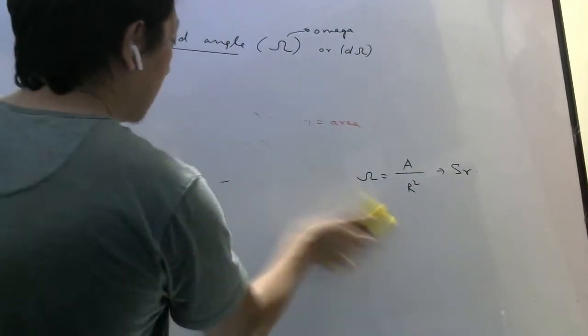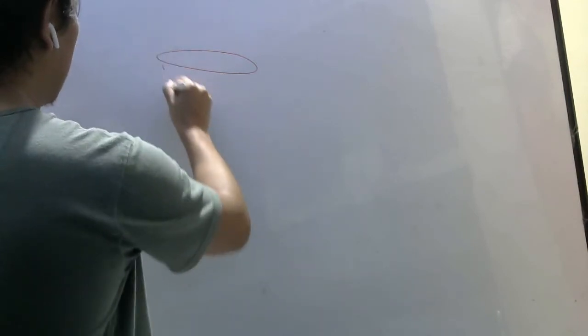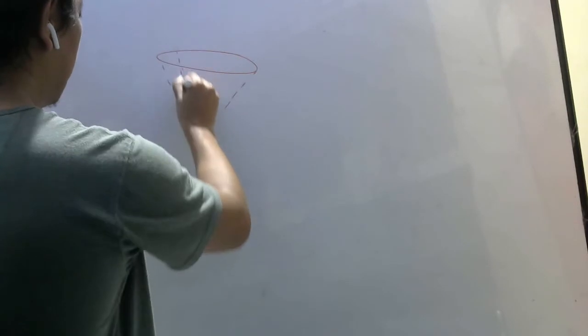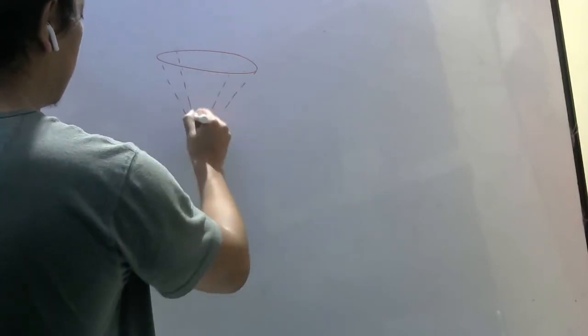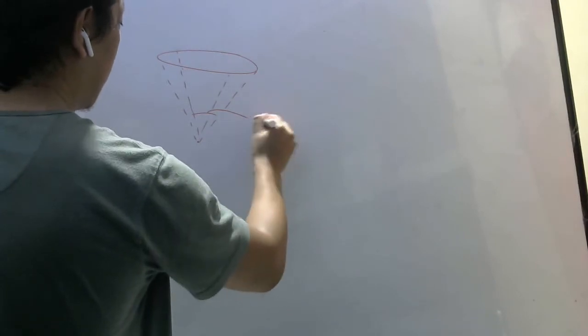Now I want to ask something very important. Listen carefully. Suppose I give you some circle like this, and I want to know what solid angle this will subtend at this point. So I want to calculate this solid angle.